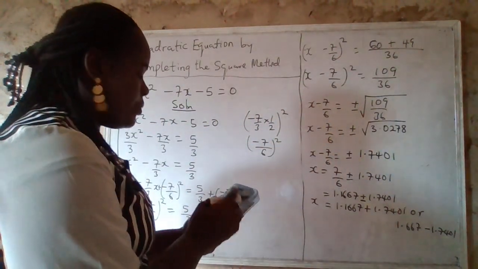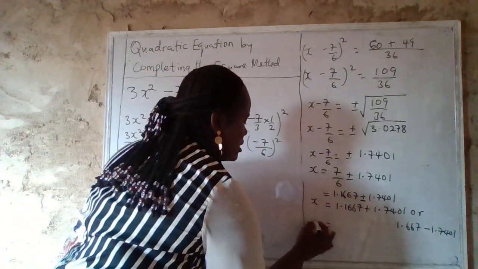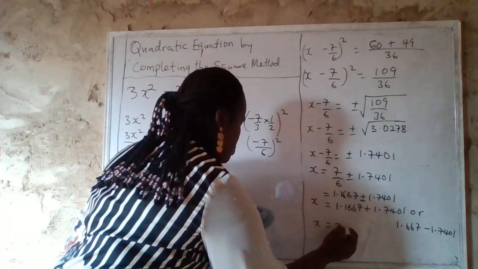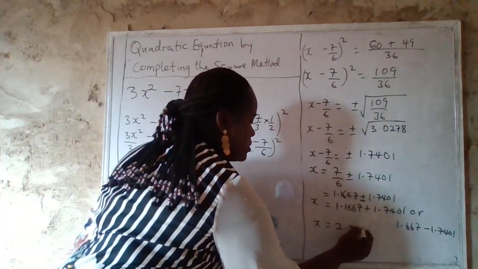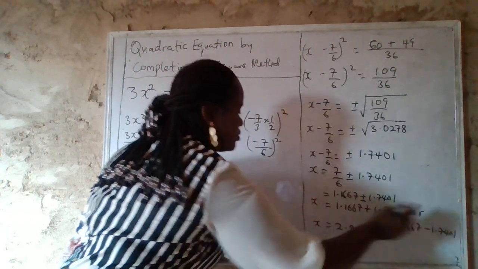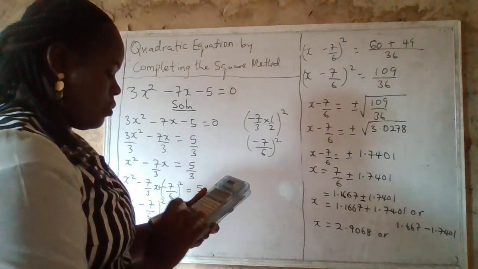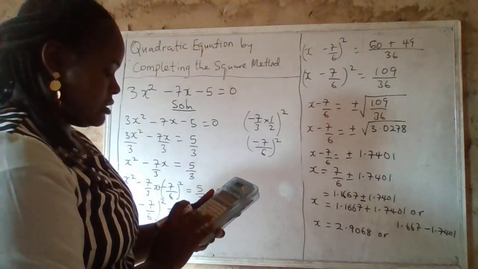Okay, so when we add, we have that x is now 2.9068, or let's do the minus.